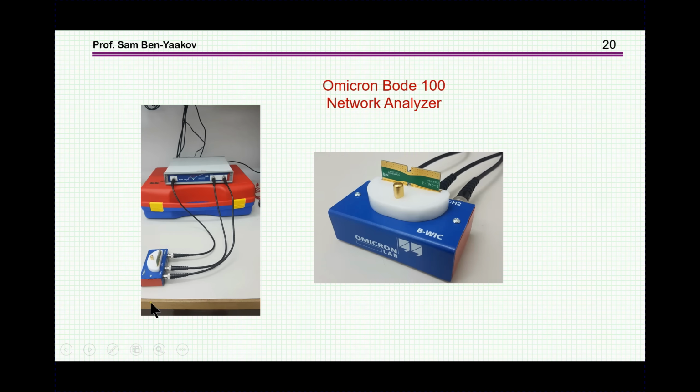We see that it is connected to the analyzer by the 3 cables. This is the excitation and then A and B. And it has a unit here for calibration. So you first calibrate it to get the zero level of the instrument plus the fixture. And then you can run analysis of a given element.